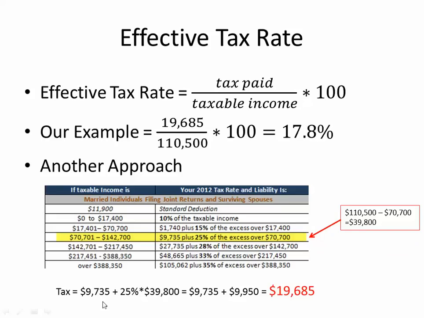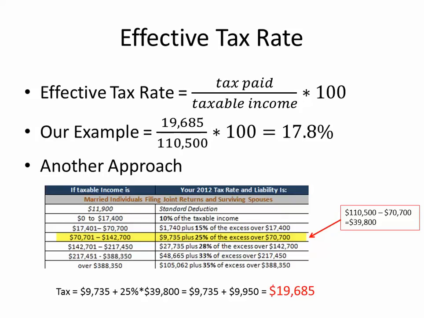So it's $9,735 plus $9,950, which equals $19,685, the same number that we got before. So that's just another way.